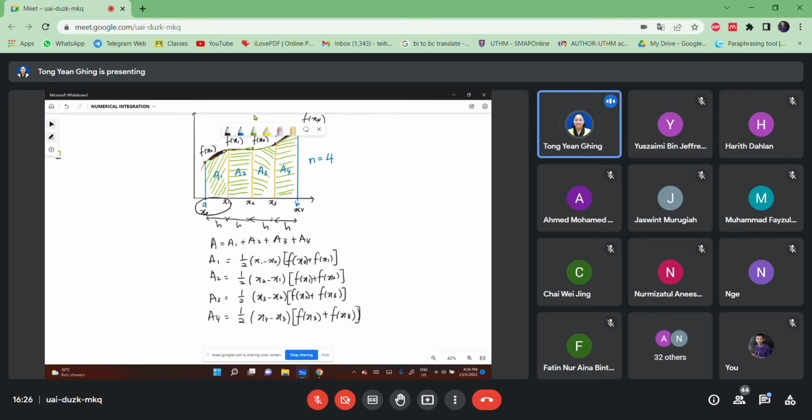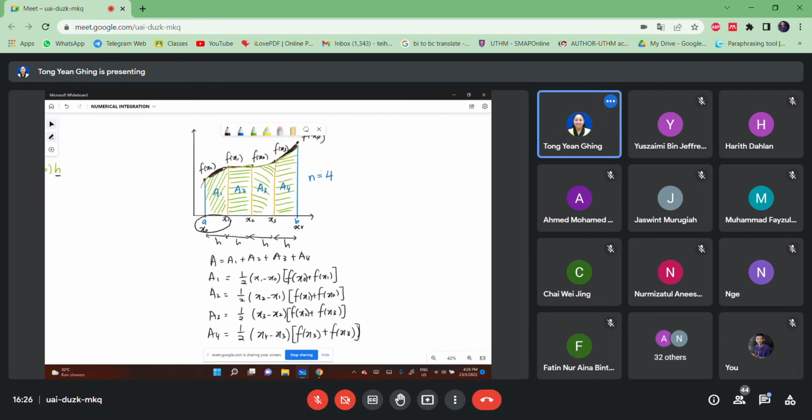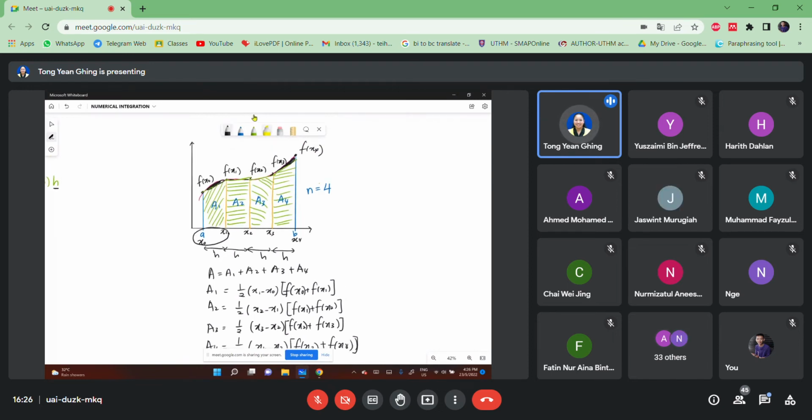Okay, so you look at here. A1 is actually this line. So this one will be X1 minus X0, where Fx0 plus Fx1.